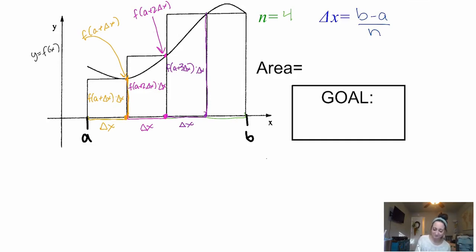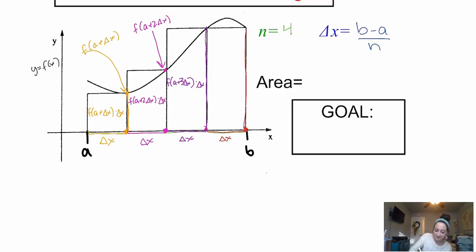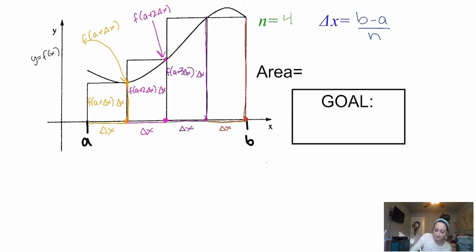Last rectangle we've got here. So now this x value is b, also known as a plus 4 delta x, right? So the y value, the height of this rectangle, is f of a plus 4 delta x times delta x, okay?